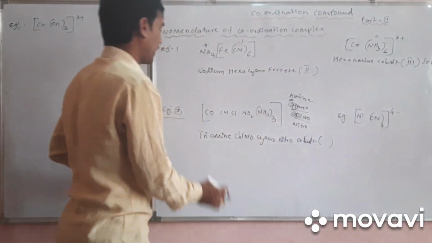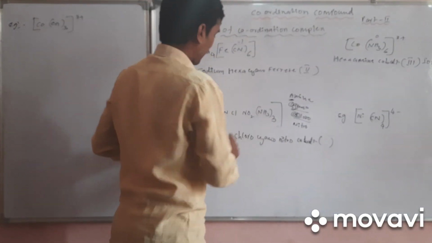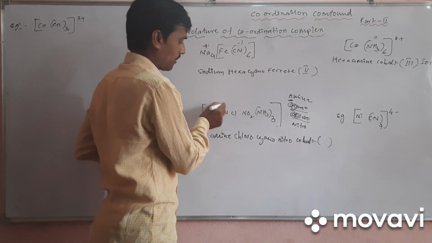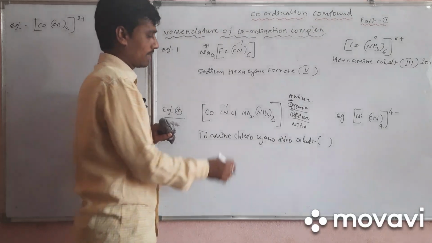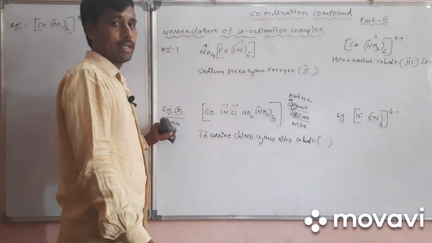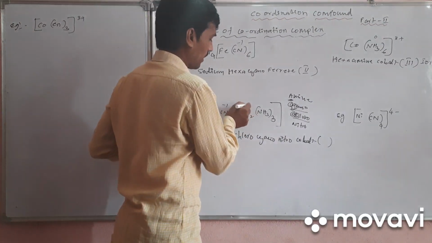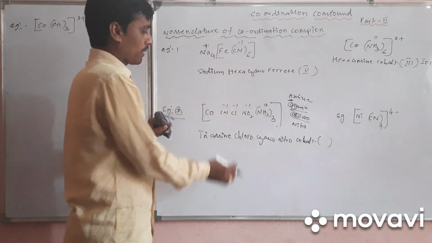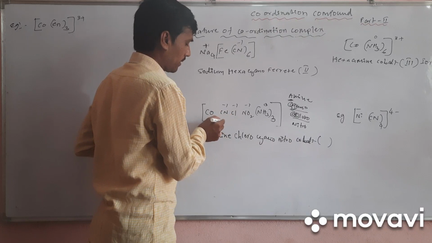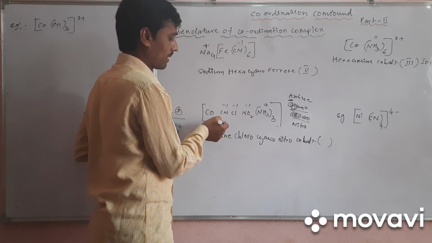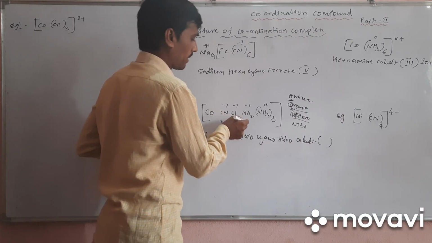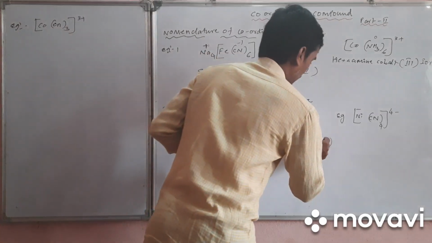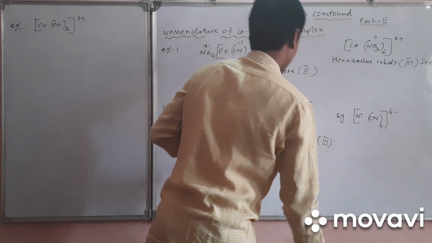The oxidation number we write in brackets. How to calculate the oxidation number? We will take the shortcut method. These are monodentate negative ligands, each +1 in the calculation, three in total, and the other is a neutral ligand. So the oxidation number of cobalt is 3.